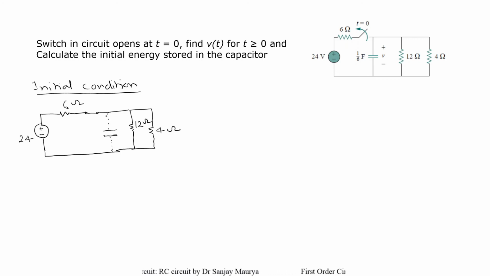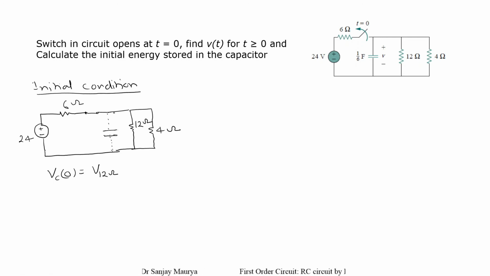So the voltage across this capacitor will be the voltage across the 12 ohm or the voltage across the 4 ohm. So our aim is to determine the voltage across the 12 ohm or 4 ohm. So V C at time equal to 0 will be the voltage across the 12 ohm.